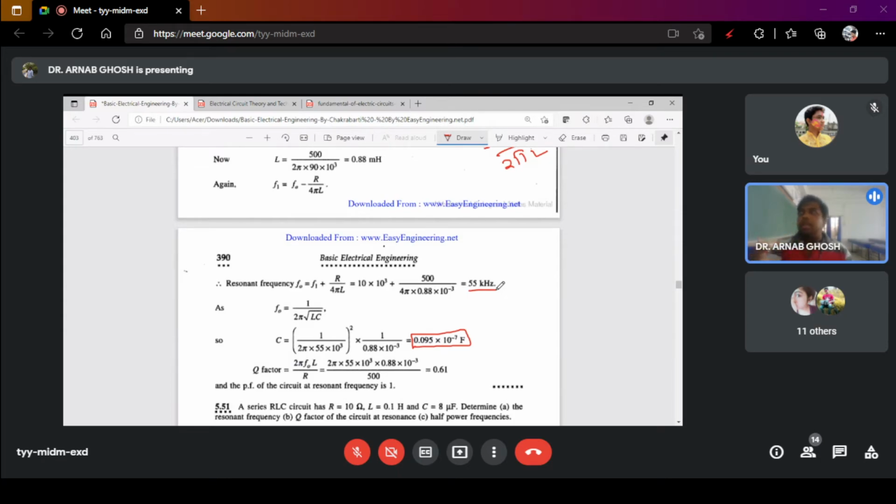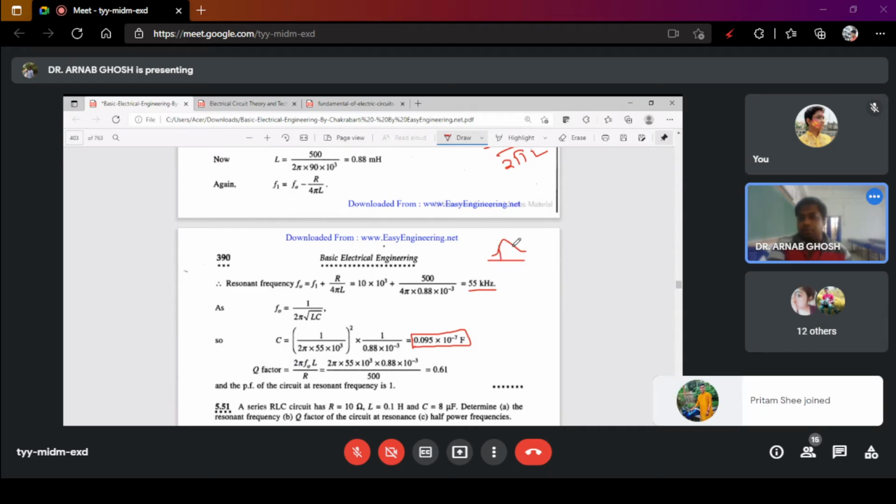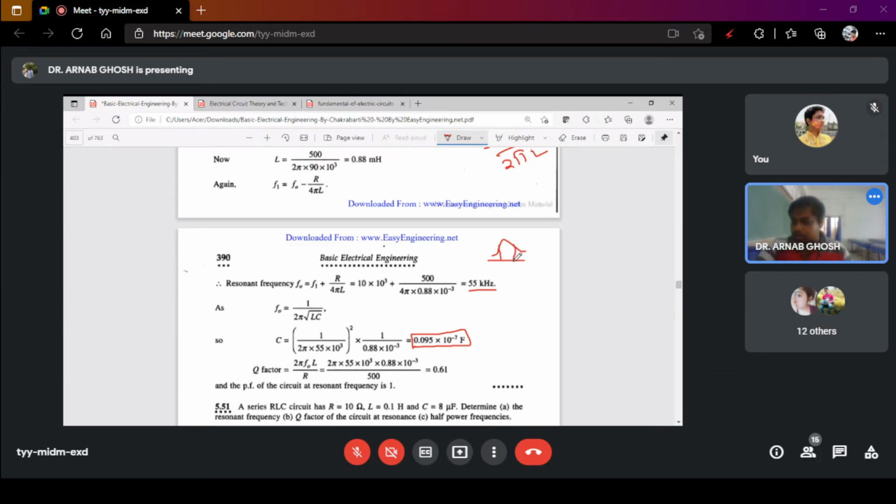Your F0 is just midway between F1 and F2. So what else you can do? You can just add F1 and F2 and divide it by 2. If you have seen the graph last day, your graph looked like this, right? So let's say this is your F1 and this is your F2, and this was your resonant frequency.